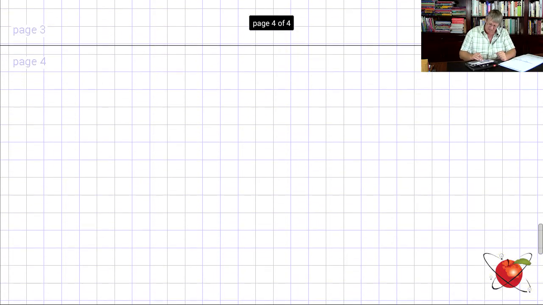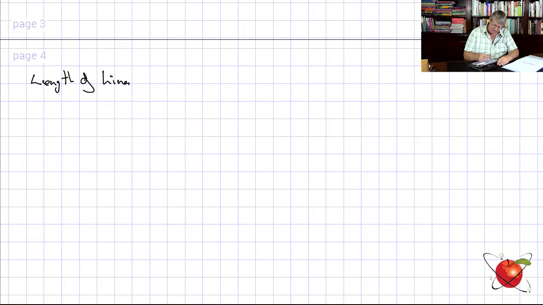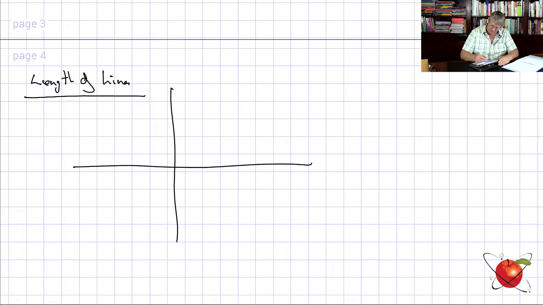Now, what about the length of a line? Let's look at the length of a line. Let's just plot a point randomly in space and another point randomly in space. What is the length of the line in this direction over here?